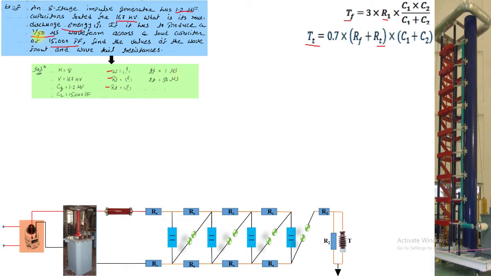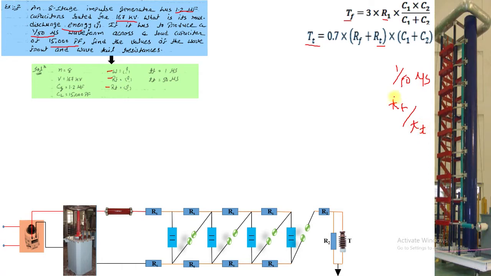The wavefront time and wave tail time are given as 1 by 50 microsecond. This is the wave shape. Let us compare it with the equation TF by TT.